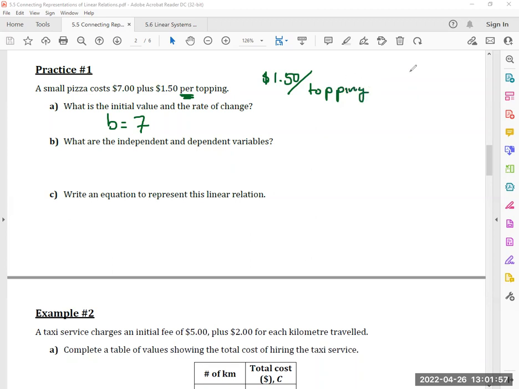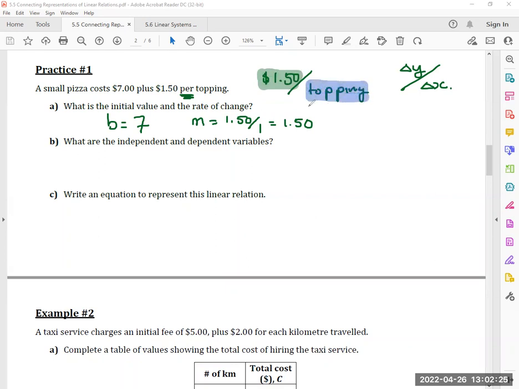And I know as a rate of change, that is y per x. So I'll write it as rate of change, m, is equal to $1.50 per one, or just $1.50. But it also tells me that my y value is here and my x value is here.